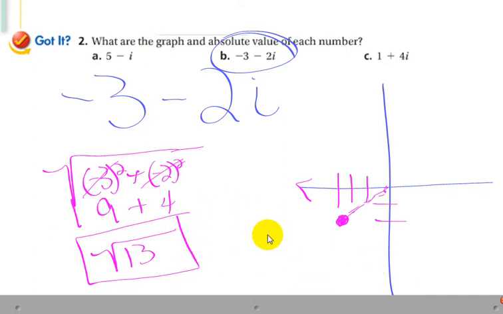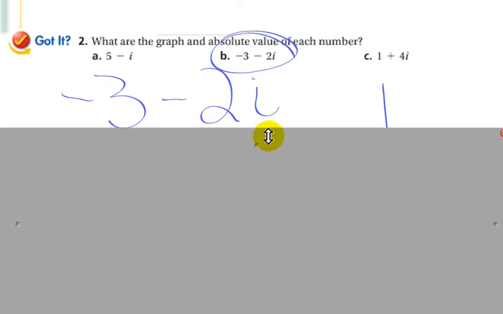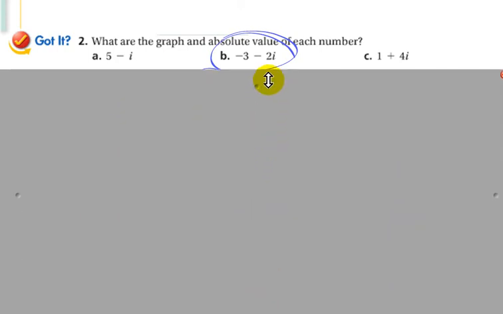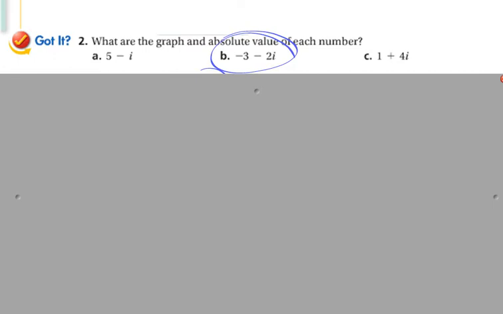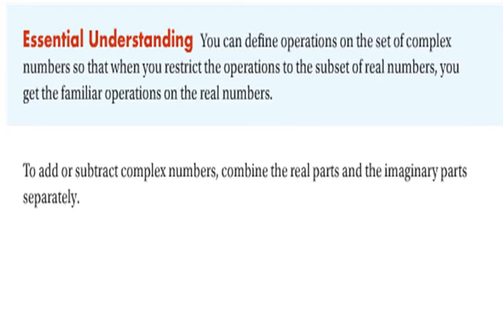So now we've talked about how to tell what an imaginary number is, how to simplify very minor terms with the imaginary unit, negative square roots and such. And now we're going to take it a step further.